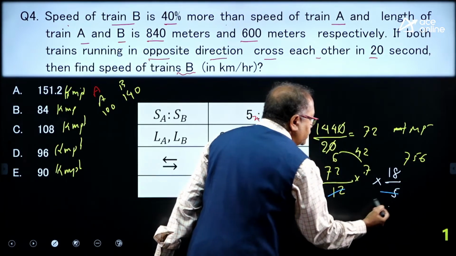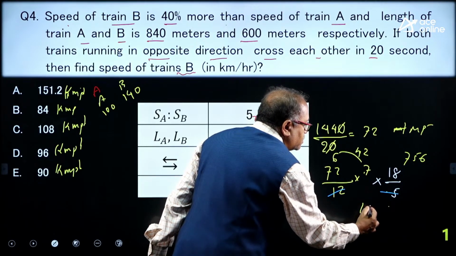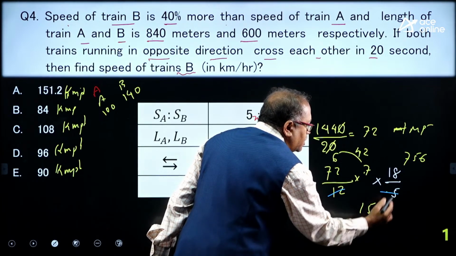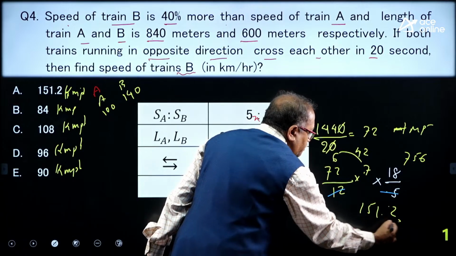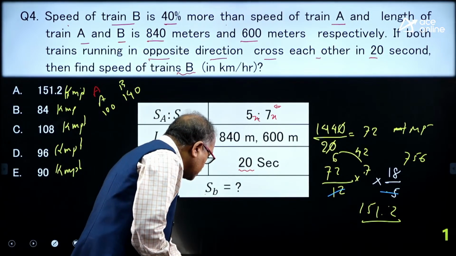So, 756 when divided by 5, I get 151.2. Anyone answered it?